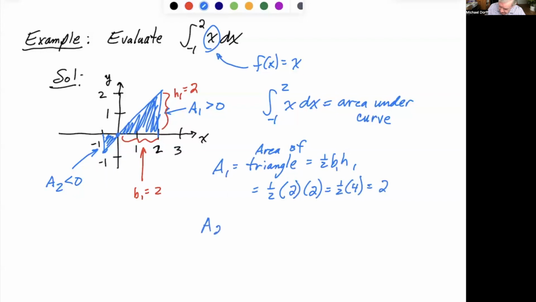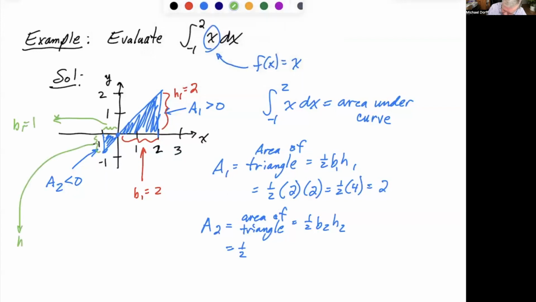What about A2? So it's an area of a triangle, and it's going to equal 1/2 base 2 times height 2. What is the base? B2 is 1. And what is that height? That height is -1. So we're going to get 1/2 times 1 times -1, which is -1/2.